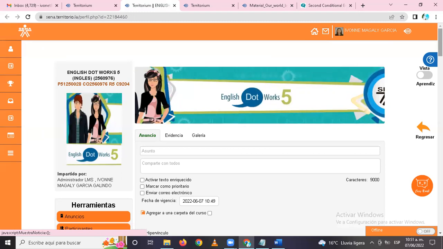Esa era la pregunta. Y la otra imprecisión que tiene este material es que colocaba que después de will o de would iba presente, y realmente no es presente, sino verbo en infinitivo.